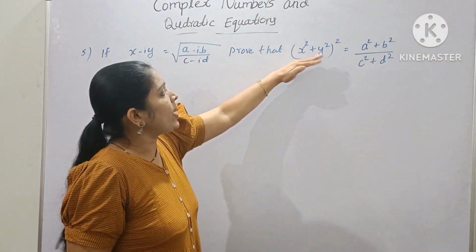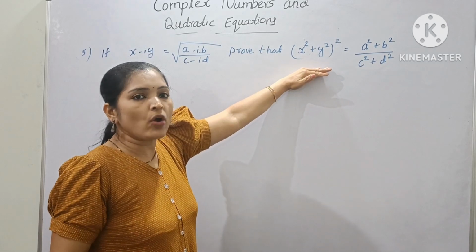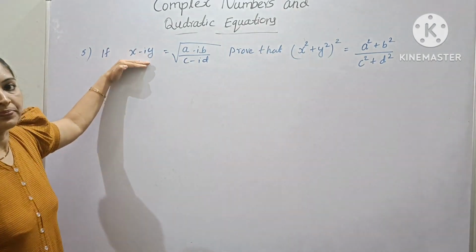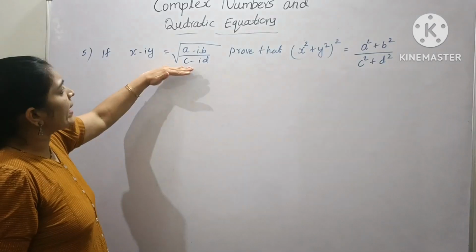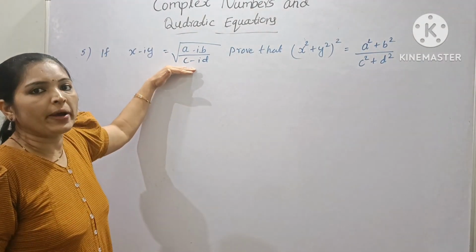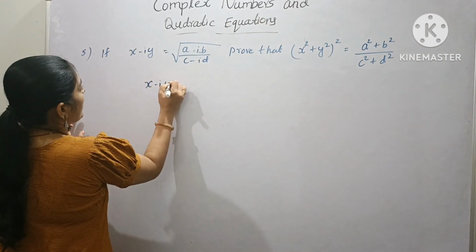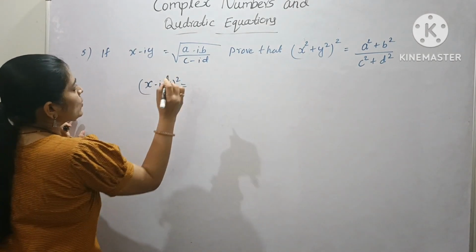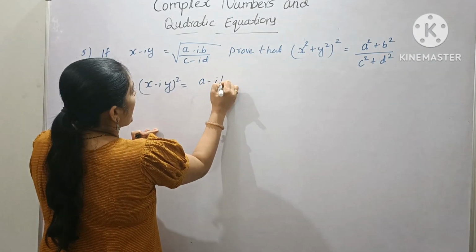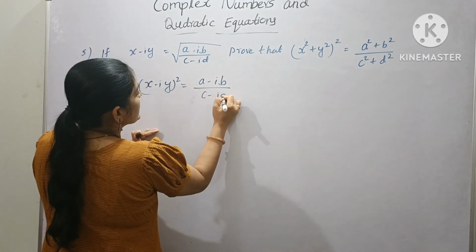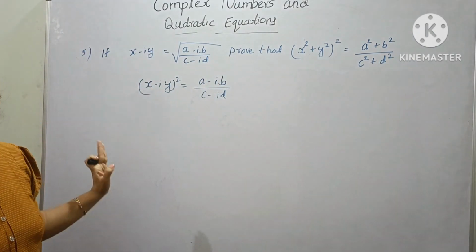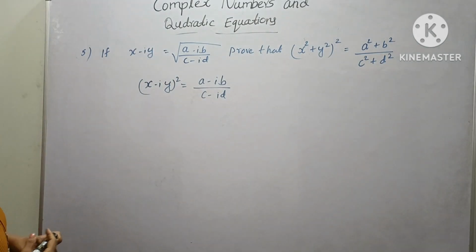We know that x² + y² is the square of the modulus of x − iy. So before that, let us remove this square root by squaring on both sides. (x − iy)² is equal to (a − ib) divided by (c − id). We have removed the square root by squaring on both sides.